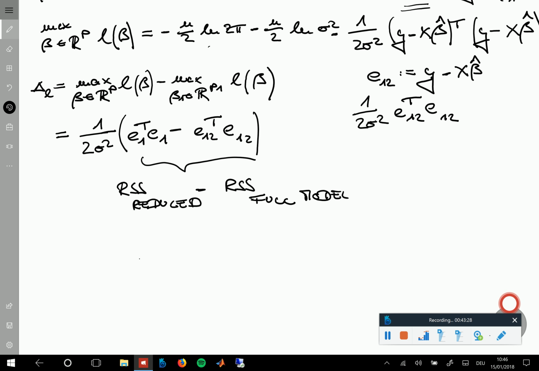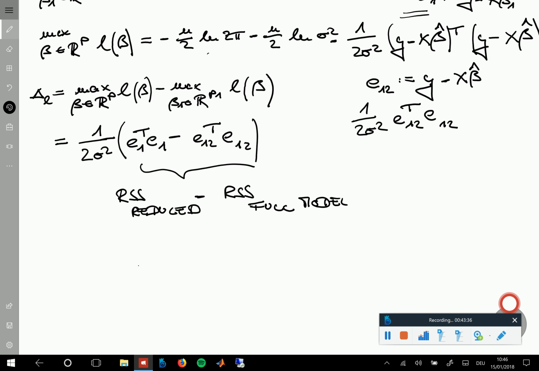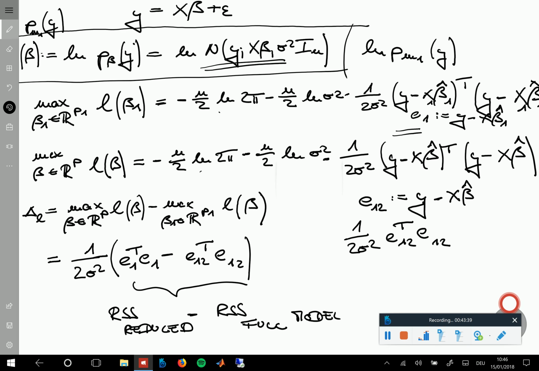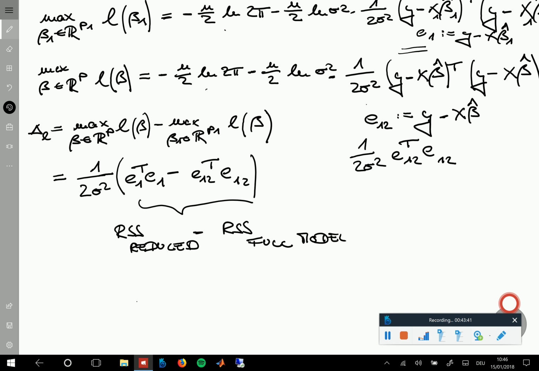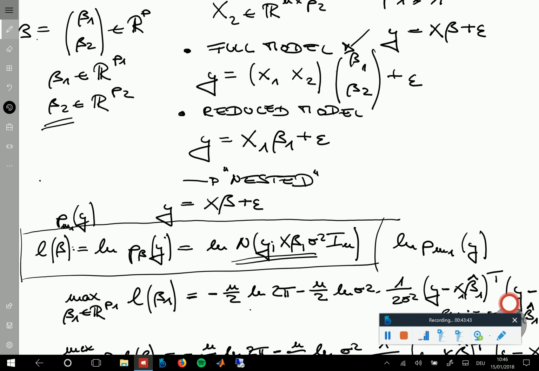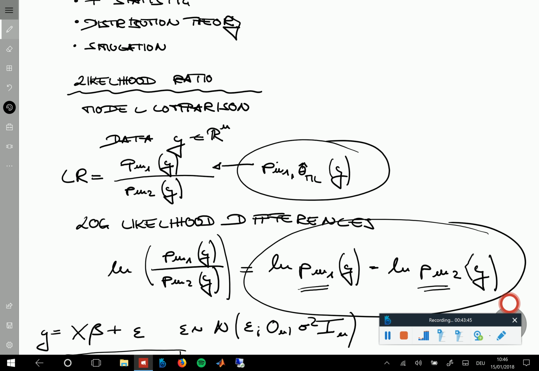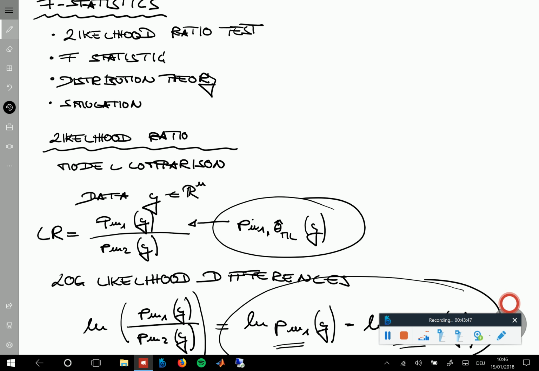But in the F statistic, we will see this difference as a fundamental quantity. And what I try to do here is to motivate looking at this difference from the perspective of model comparison by looking at likelihood ratios.